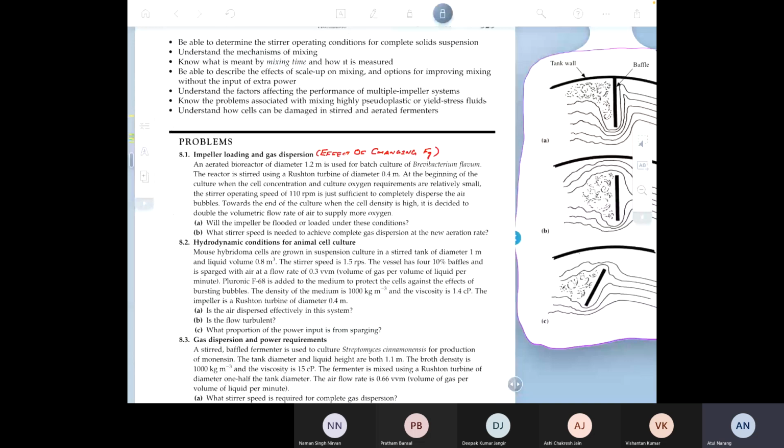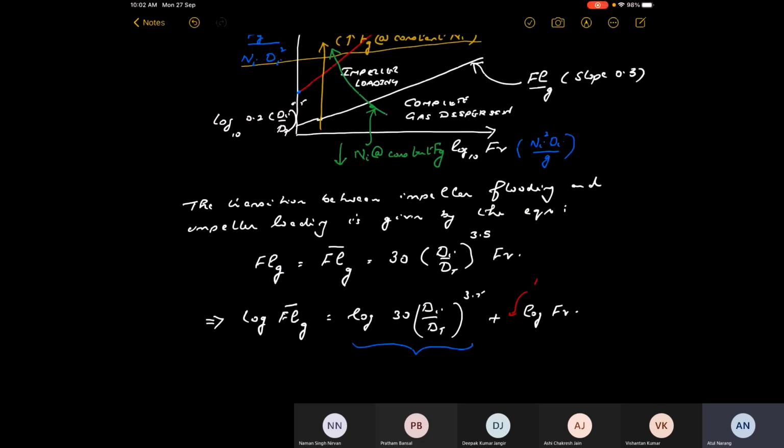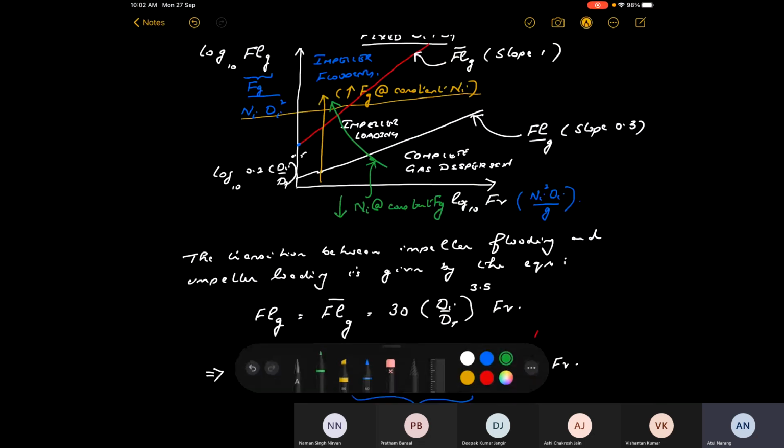So, in terms of our picture here, this problem is basically starting off by telling you that you are, let's say, somewhere. The first question tells you that you are here, and then it tells you that suddenly the gas flow rate went up. Do you come here in the impeller loaded regime, or do you end up in the impeller flooding regime?